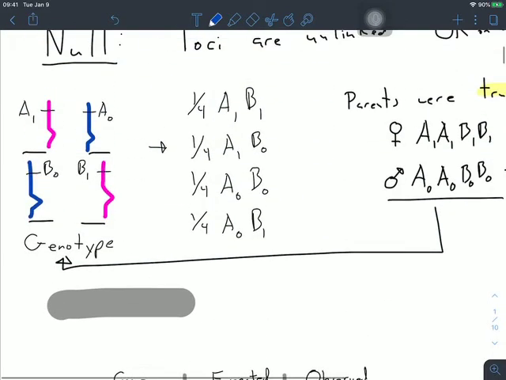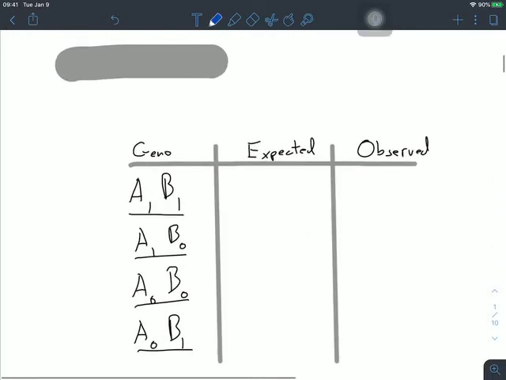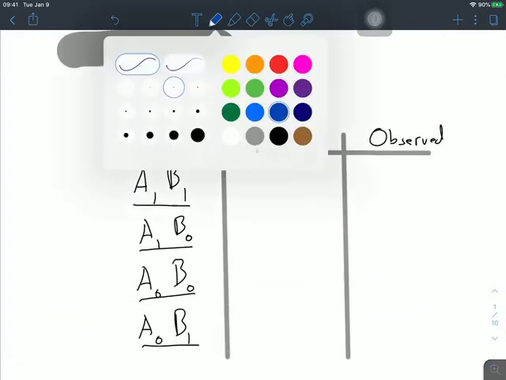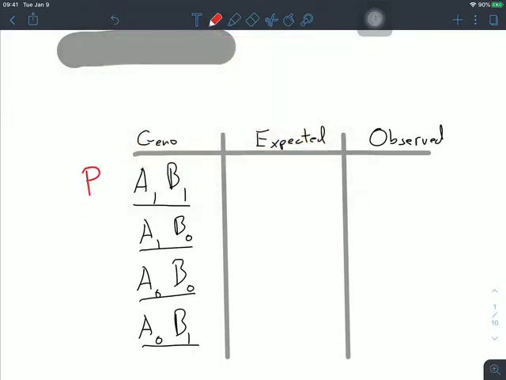So we'll be sequencing the sperm of this individual to identify how many types are parental and how many types are recombinant. So in this table, we see that A1B1 is a parental type. Whoops, did I already screw up the coloring? Of course I did. We see that A1B1 is a parental type, and we see that A0B0 is a parental type. And we see that A1B0 is a recombinant type, and A0B1 is a recombinant type.